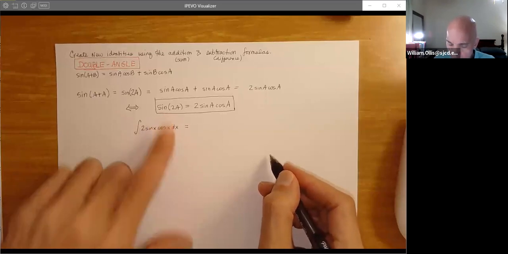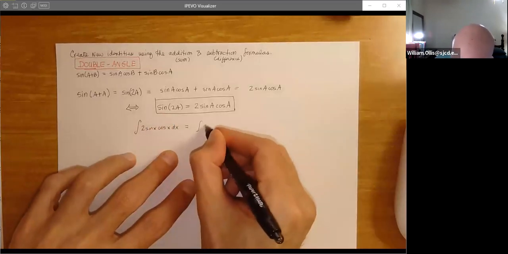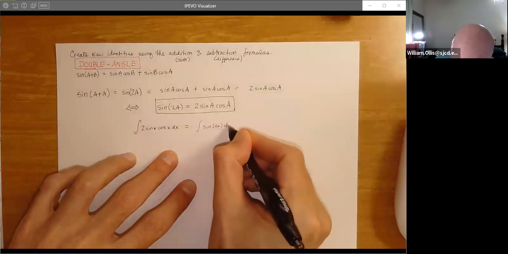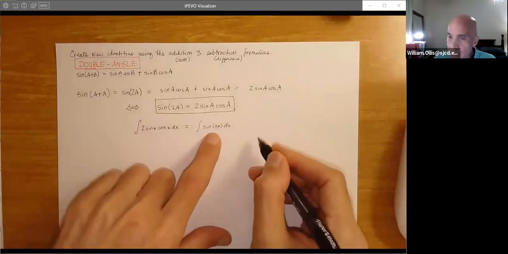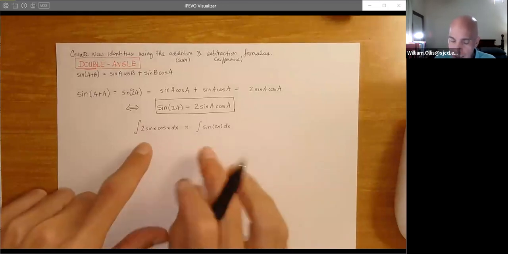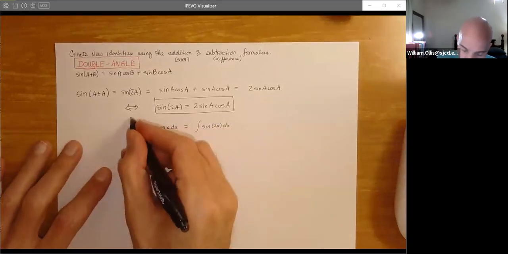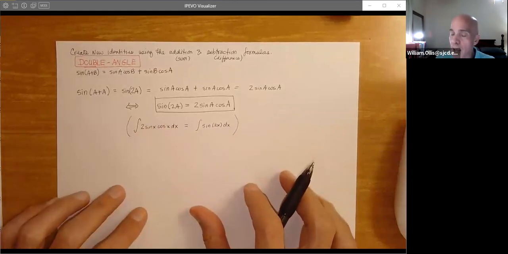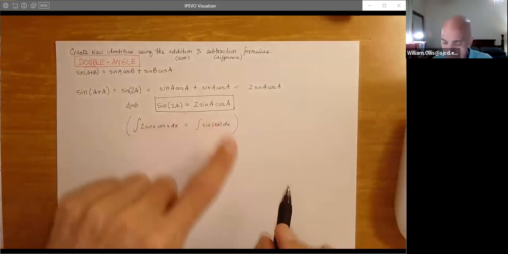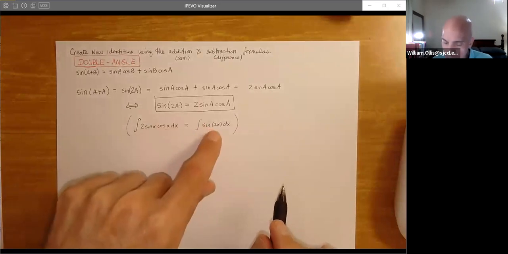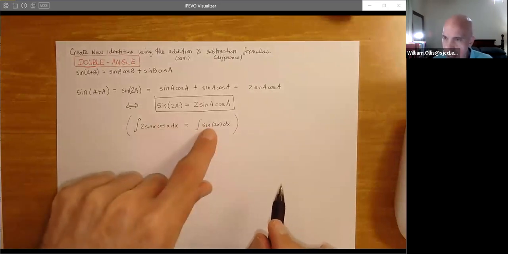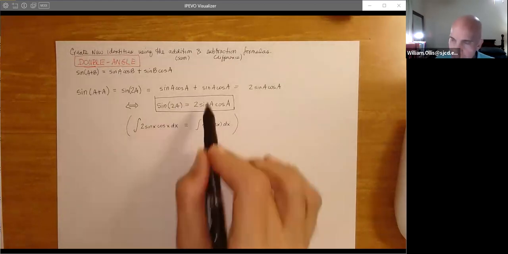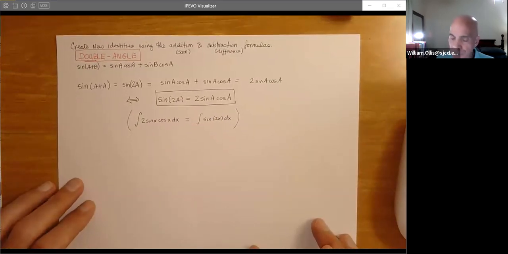I'm going to rewrite this with the double angle: sine of 2x dx. And that's an easier integral. This is kind of like a little aside where you're going to find uses for these nice trig identities. Once you learn the calculus, you're going to see that these identities are very, very useful.